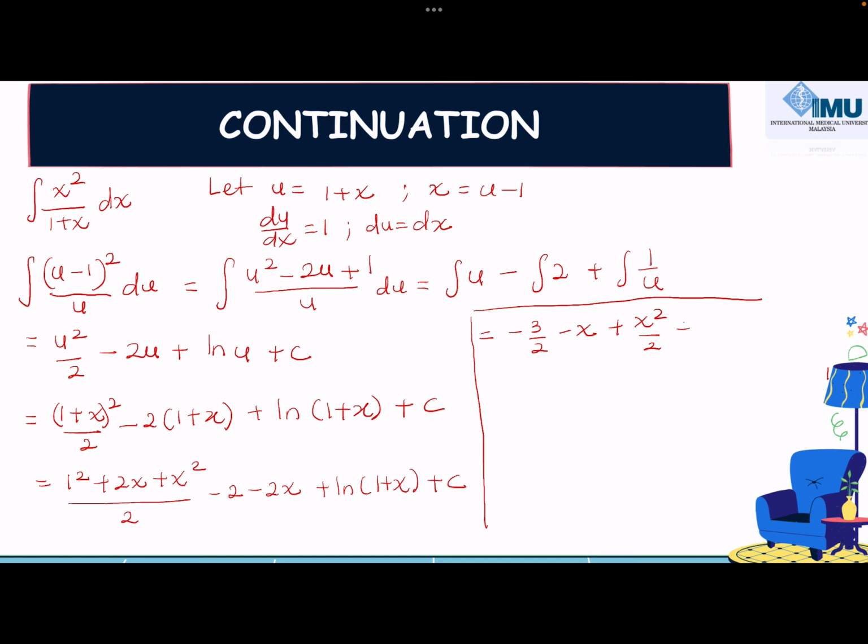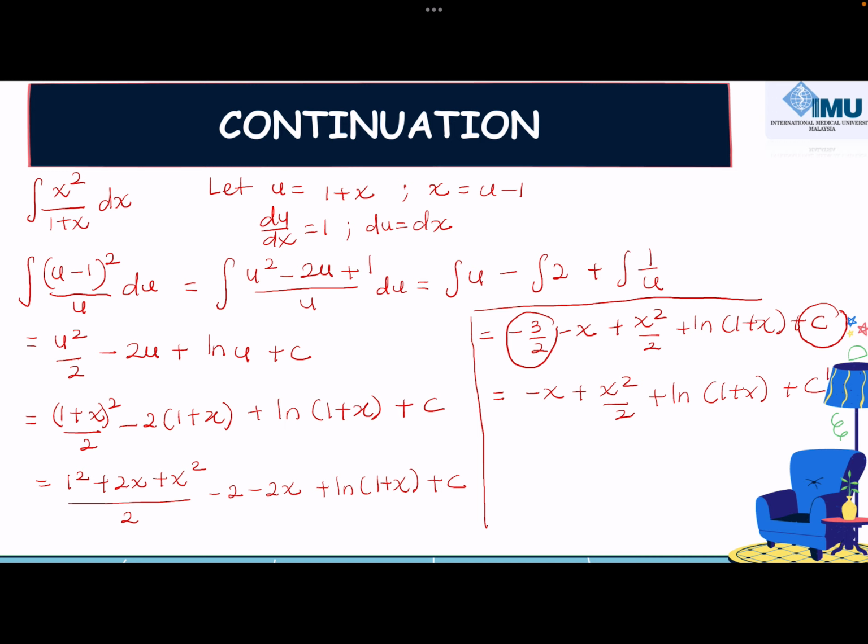Now the remaining is the same thing. Now bear in mind, negative 3 over 2 is a constant. So we're going to combine constant with the constant. What is left is only c. So my integration for x squared over (1 + x) is basically negative x plus x squared over 2 plus ln(1 + x) and the big C, combining all the constants.